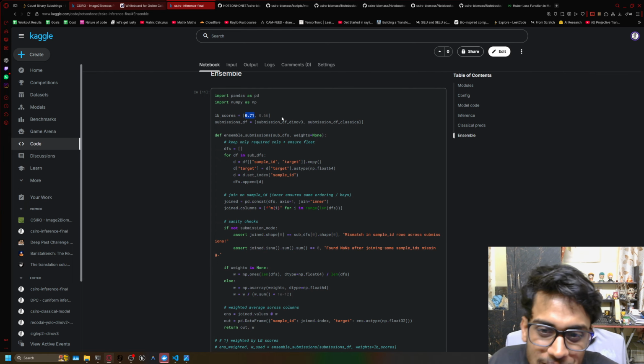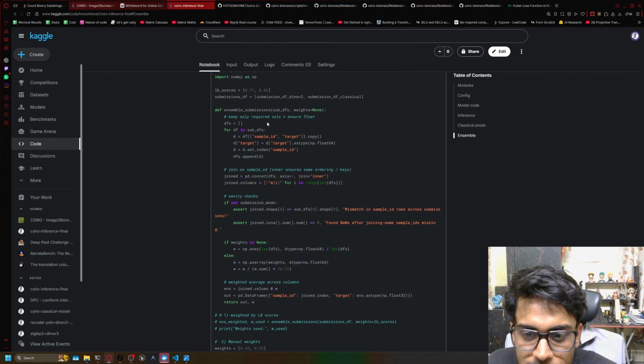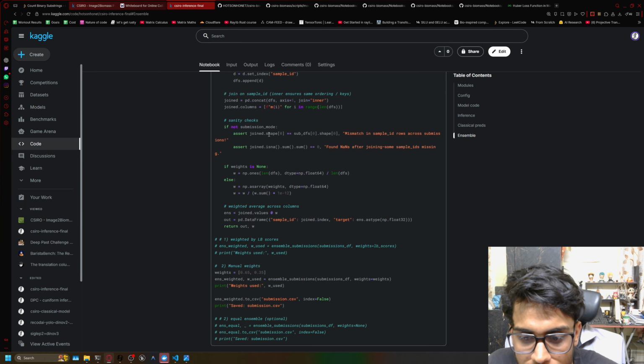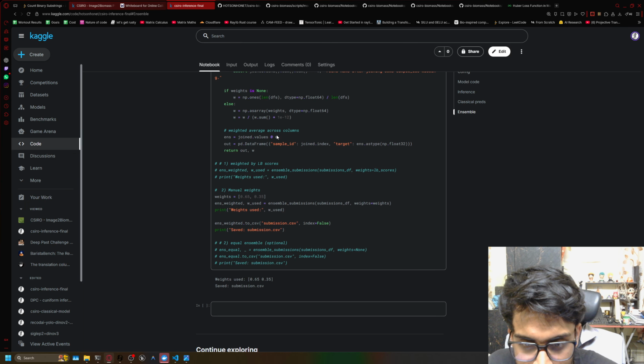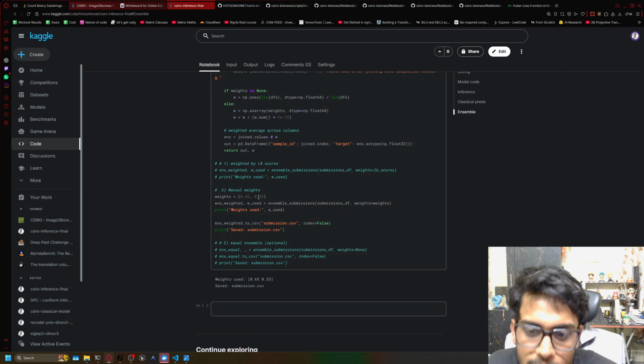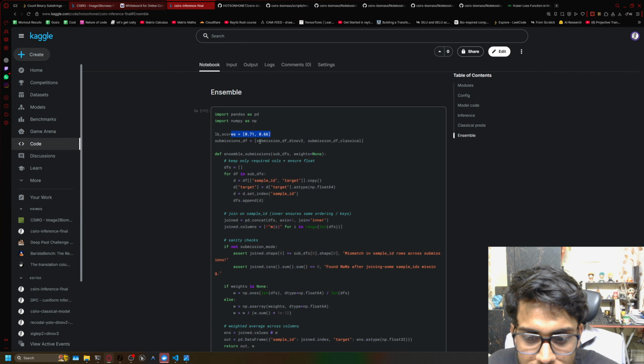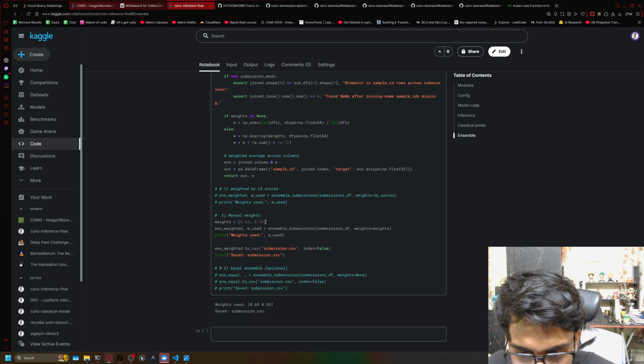Cool, so this was the idea. I did the ensembling of my neural network and the classical models. Somewhere here I may not be using the leaderboard scores. Oh yeah, I was stating it here, but what I was actually using is this weight.